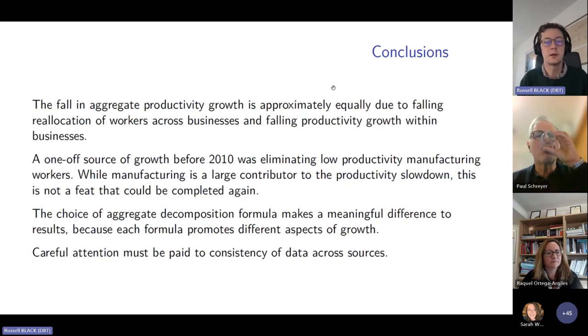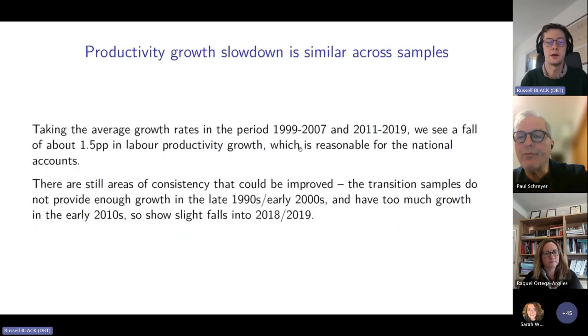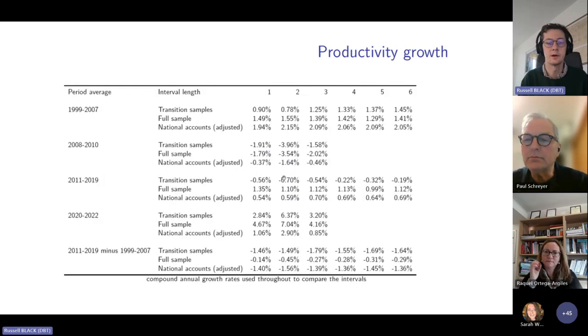The representativeness: the national accounts benchmark is adjusted to account for the fact that this is not the national accounts productivity puzzle. It's less because it excludes finance, so it's recalculated to be on a consistent basis with what we're looking at from the surveys.